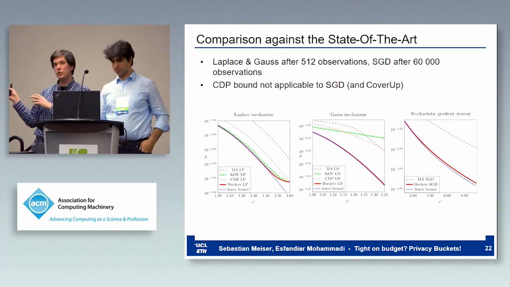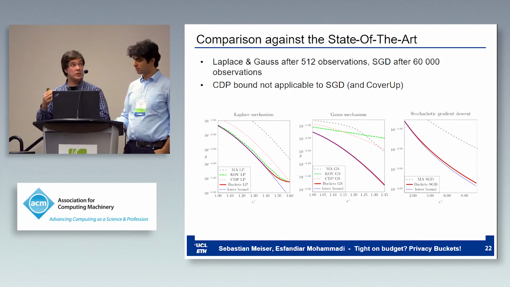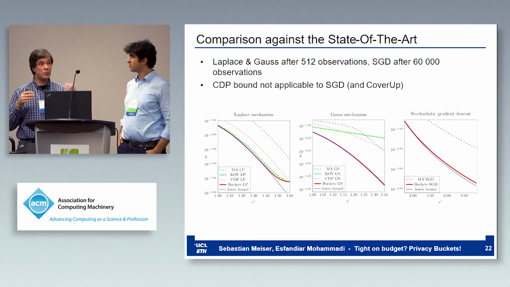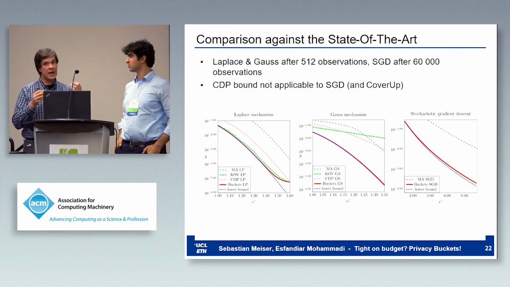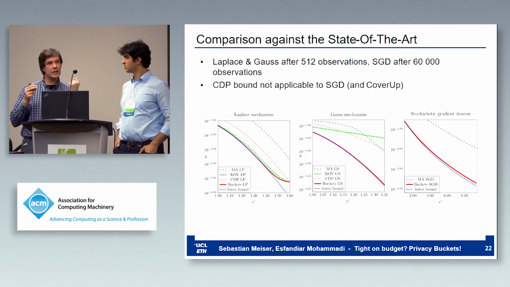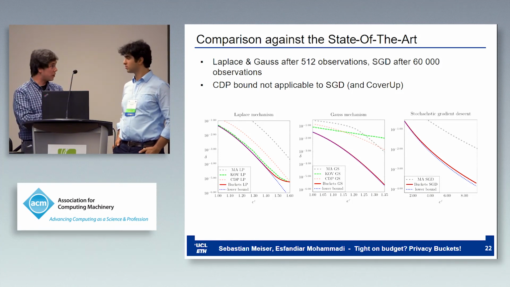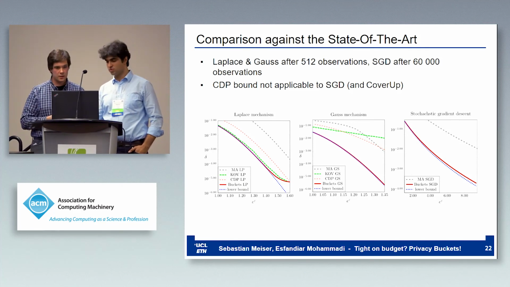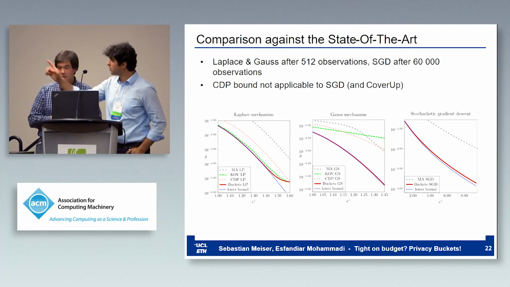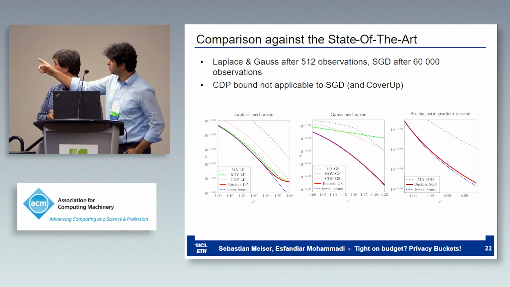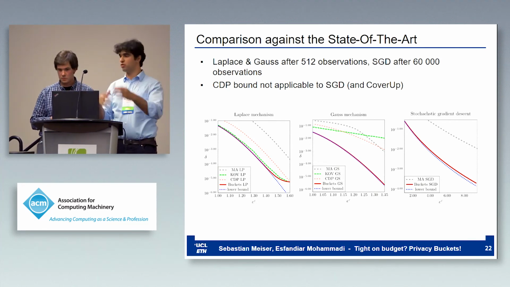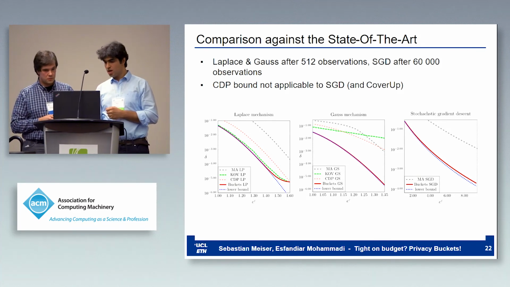So that tells you that probably if you want to do something like stochastic gradient descent, you can use our buckets implementation to compute your privacy analysis. And this means you probably can add less noise and still get the same privacy guarantees, which hopefully leads to better convergence and better models and happier analysts. And the rightmost is not 512 compositions, it's 60,000 compositions. In the paper, we also have one with a few million compositions.